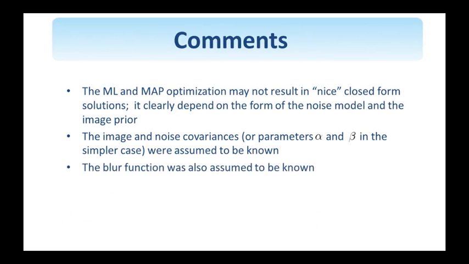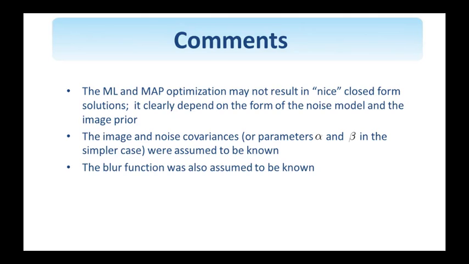Also, we have been dealing with the non-blind restoration problem, according to which the blurring function H, the impulse response of the system, the matrix H, are known ahead of time. But clearly, very often this may not be the case, and therefore one needs to address the blind restoration problem as well.